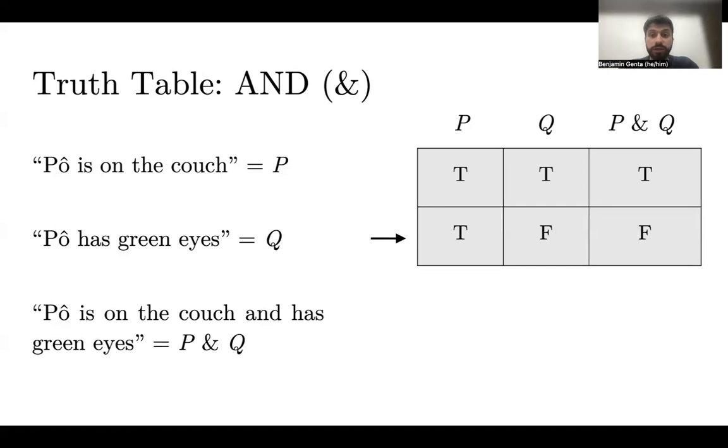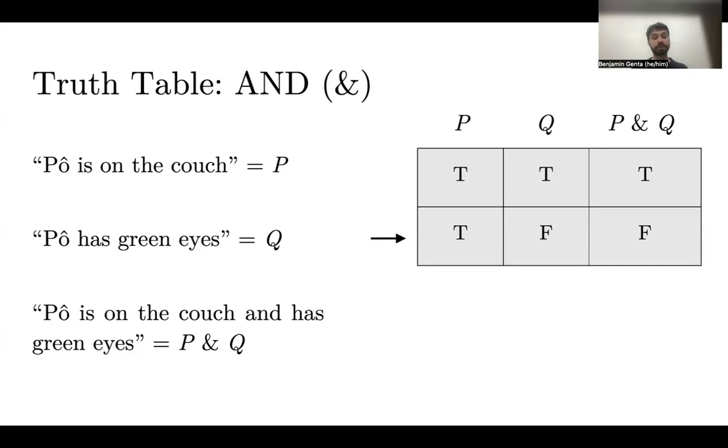But there's another case. There's a case when Bo is on the couch, but Bo does not have green eyes. Right? And then you might ask, well, is that sentence true or false? And so the 2 parts of the conjunction, we call these the conjuncts, right? P and Q. There's one that's true and one that's false. Here, Q is false. And when one of these is false, then the whole conjunction is false.